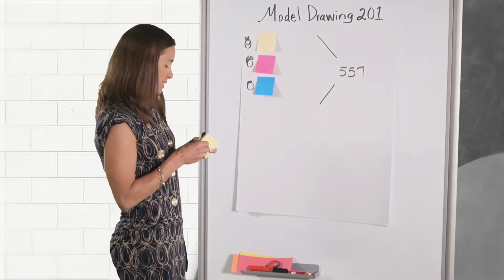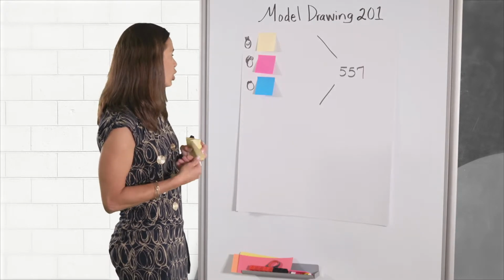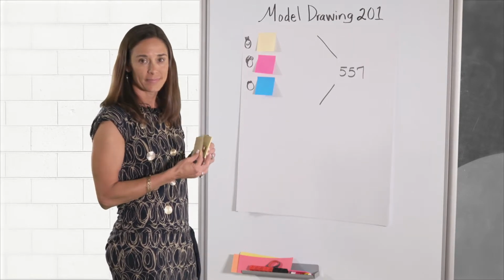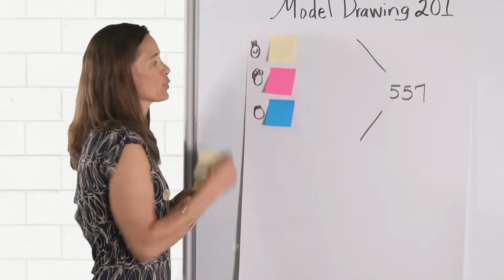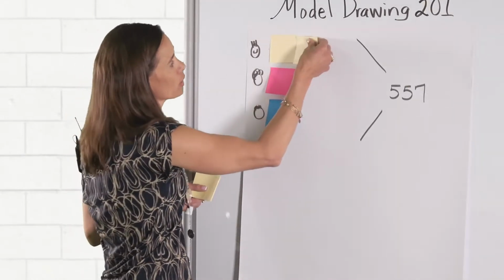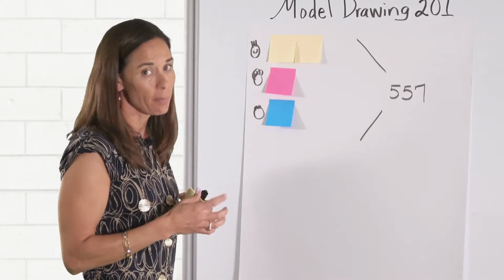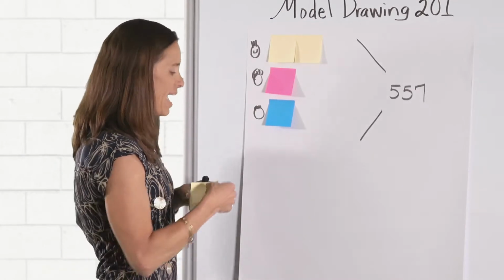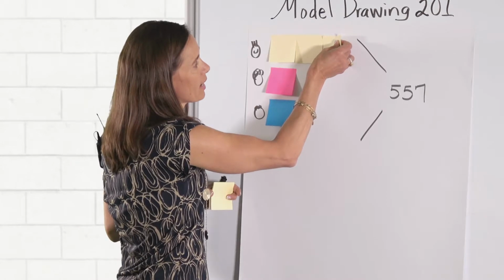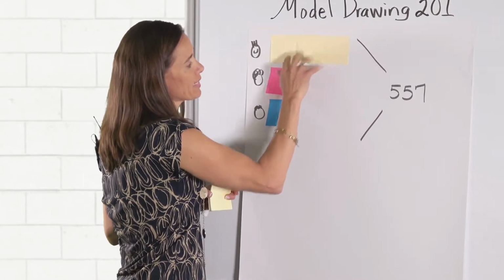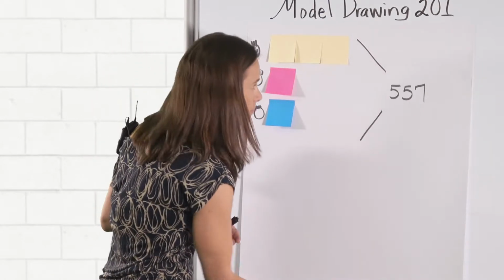Let's see. Did you guess Spiky, Curly, Buzz? If Spiky has 3 times the amount as Curly, we could show 2 times, or double the amount in this way, and then we could show 3 times, or a 3-to-1 relationship.